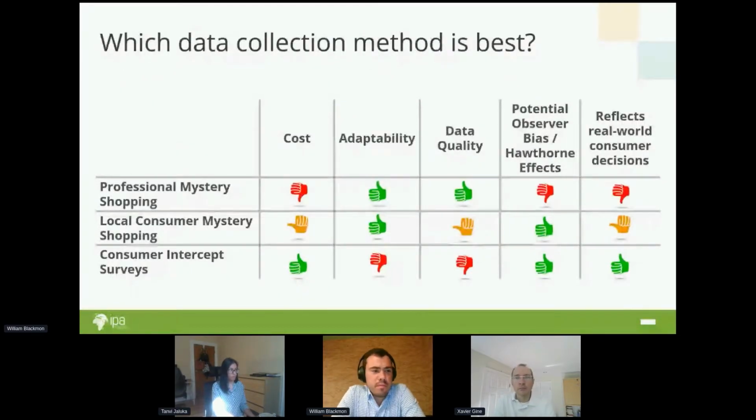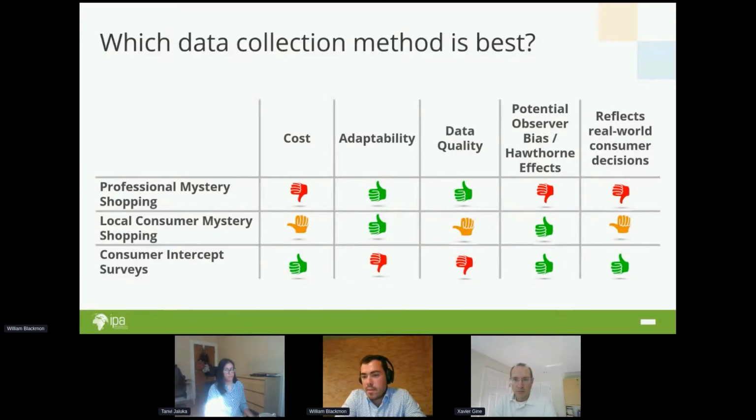So we have these three methods that we're interested in exploring. And as I mentioned before, our goal is to determine the very best method for collecting these real costs. There are pros and cons of each method along a number of dimensions, so it's interesting to think through these. Our expectation, though again, we'll have more to say about this once our study is complete, is that mystery shopping will be more expensive than consumer surveys.